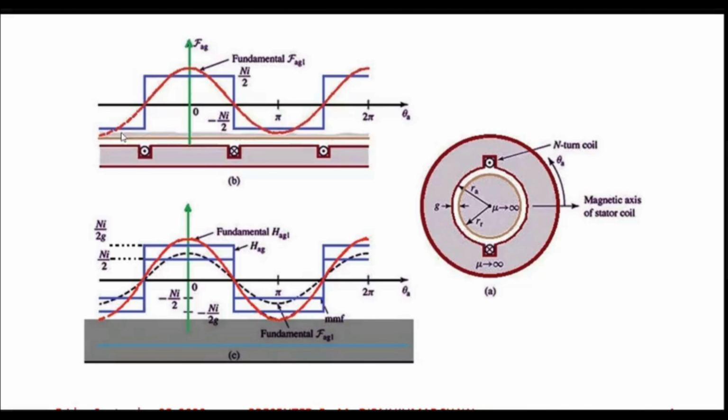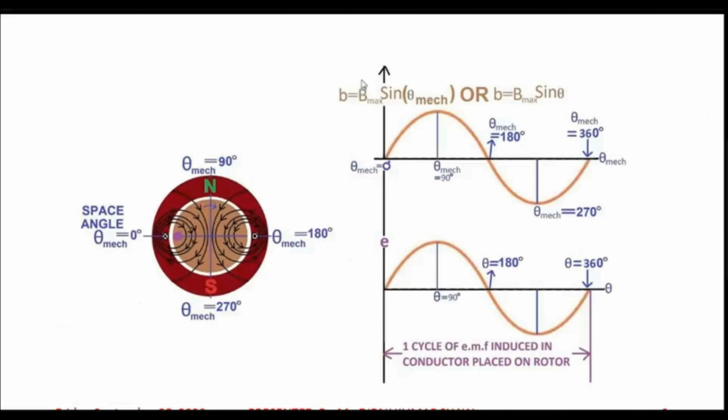If you apply this Fourier series expansion to the rectangular MMF wave, it will have one fundamental component and harmonics. So we are neglecting the harmonic component, and only the fundamental component is remaining, and that is your sinusoidal component. That's why we say that the nature of magnetic flux density distribution along the air gap periphery is sinusoidal, because we are neglecting the effect of space harmonics.